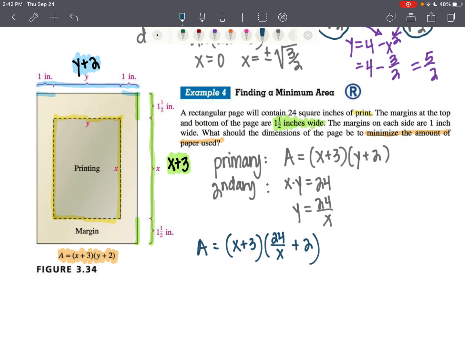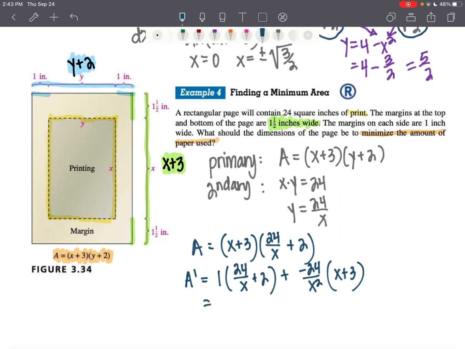Okay, so now we've got some crazy math to do. I'm going to go right to the derivative. You know why? Because the derivative using the product rule really isn't that difficult. It's a little bit more difficult to FOIL this out and then do the derivative, so I'm just going to do the derivative right now. The derivative of x plus 3 is 1 times the second factor plus the derivative of the second factor, which is negative 24 over x squared times the first factor.